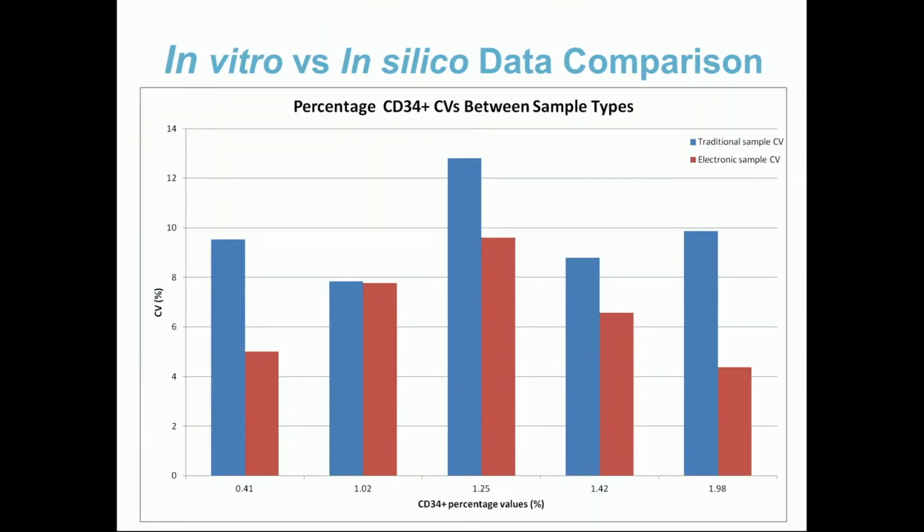What we also did is we compared, because we've issued over the years so many wet samples, we've actually got matched pairs. So I went through our database to find where we'd got a wet sample that had a count the same as the electronic sample. So that's why this isn't actually a linear graph. This is where I found the nearest matched wet sample.